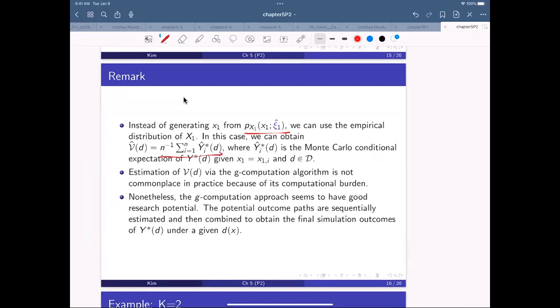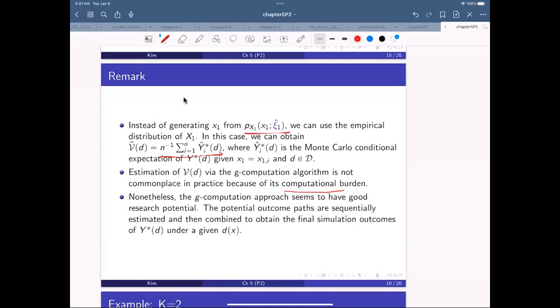This is a very nice idea, but the computation is very heavy. In the Chakraborty book, they say it's never used in practice, but I found another book, by James Robins.